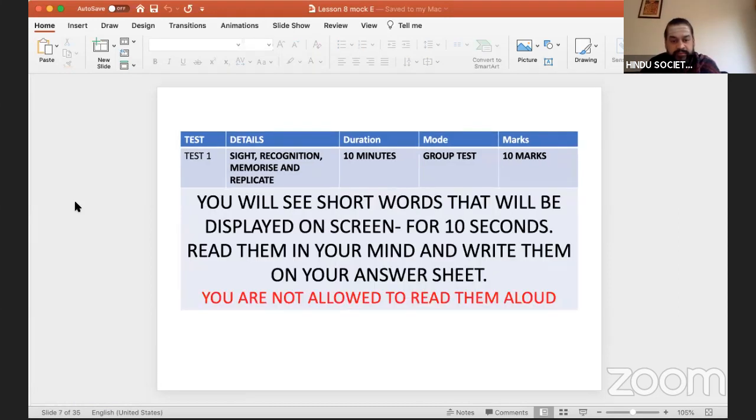So ready? For test 1, you may write your name on top and write it test 1. If you're ready, let me know. I'll go ahead. Write your name on top in Sanskrit. Don't write it in English.